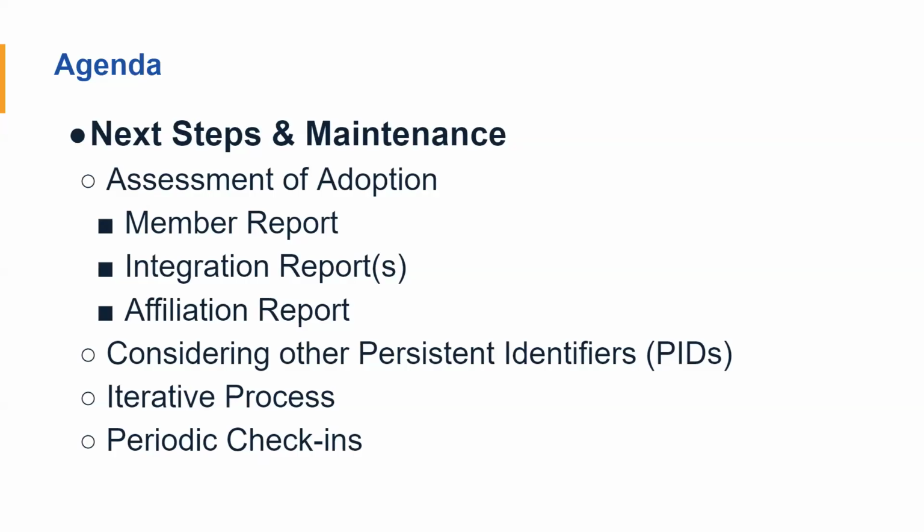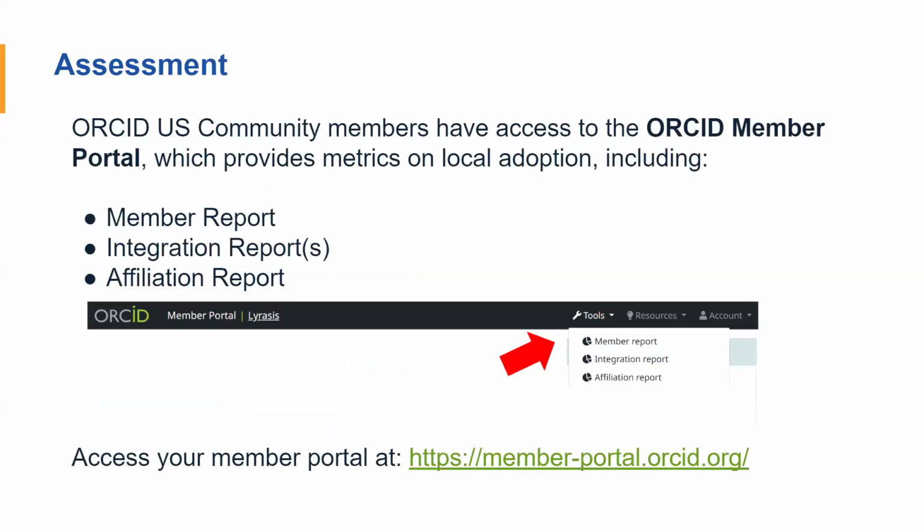We'll also talk about the importance of considering other persistent identifiers or PIDs in addition to ORCID. We'll talk about how ORCID adoption is really an iterative, ongoing process, and there's always a next step, no matter how far along you are. And then finally, we will talk about the importance of periodically checking in on your ORCID adoption and ORCID membership.